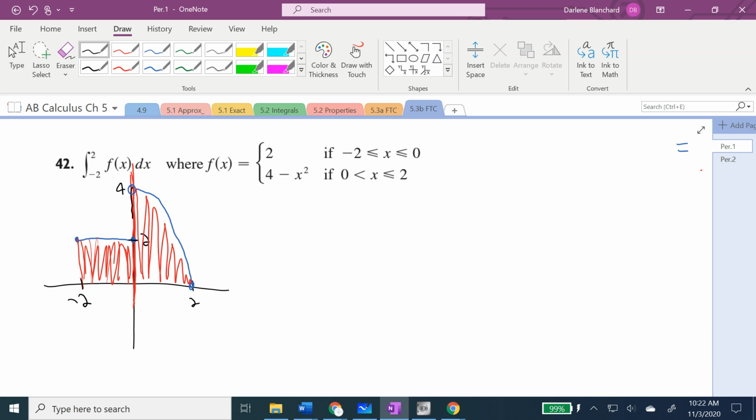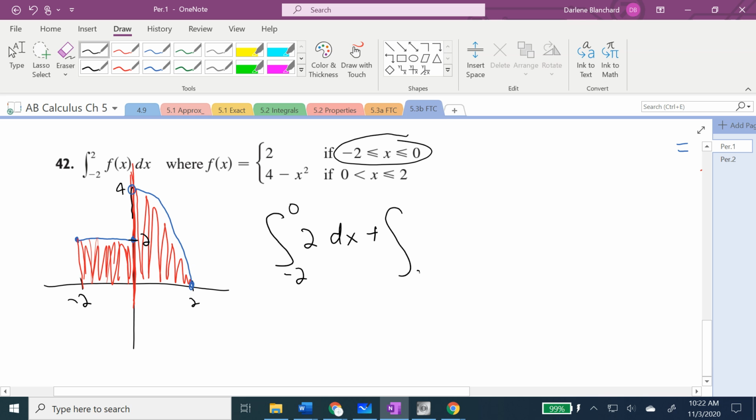So when you have a piecewise defined function with maybe a jump discontinuity, or maybe it doesn't have a discontinuity, regardless, you're going to set this up where you integrate for a domain the function of that domain, and then add to that the integral over the next piece of the domain.